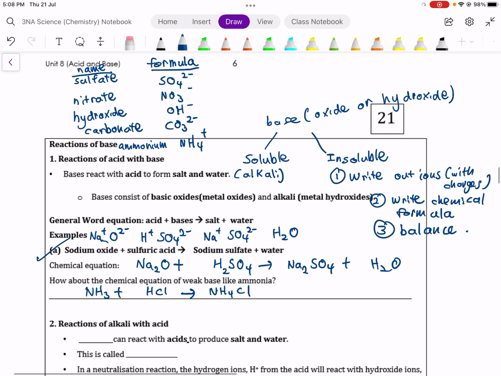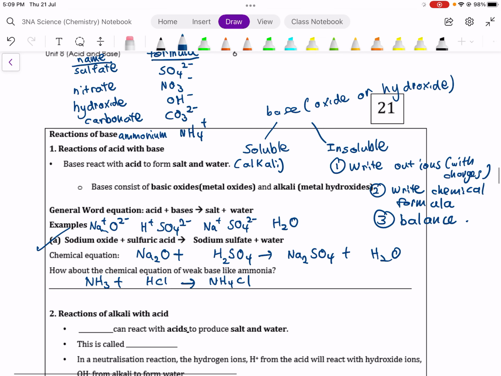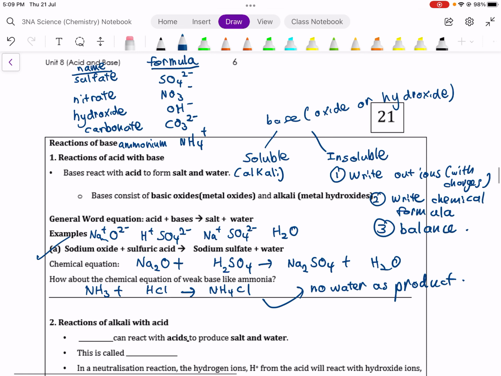No water, as you can see, just salt only, an ammonium salt. In this kind of case, do take note there's no water as product. That's why you didn't see me add plus H2O. Very exceptional case for alkali.